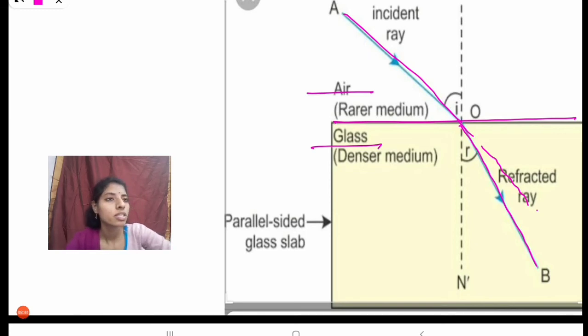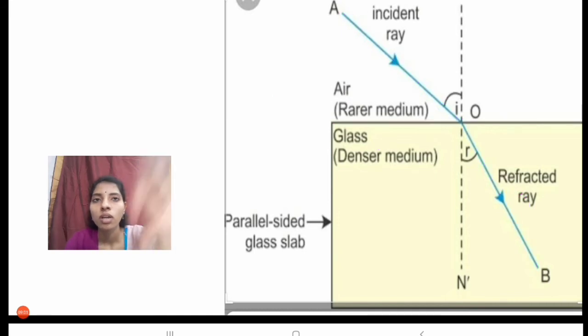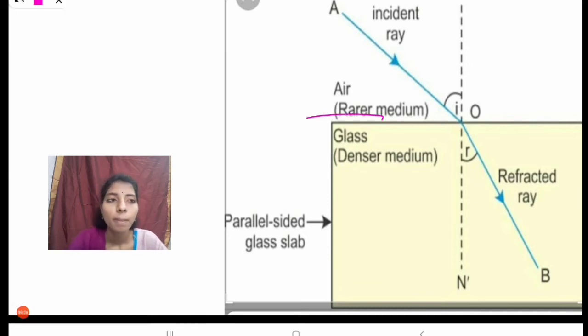So this is the incident ray and this is the refracted ray. When we draw the normal, at the point of incidence, the normal line is drawn perpendicular to the surface. So here the air medium is a rarer medium and glass medium is a denser medium.